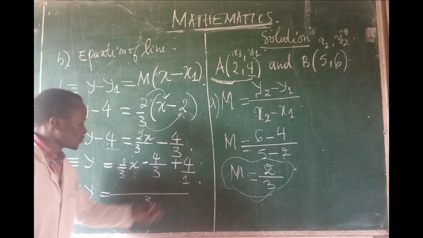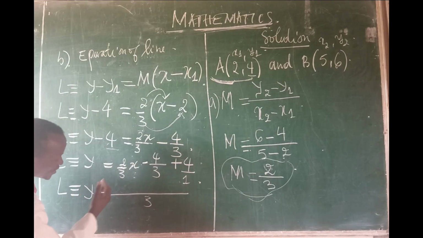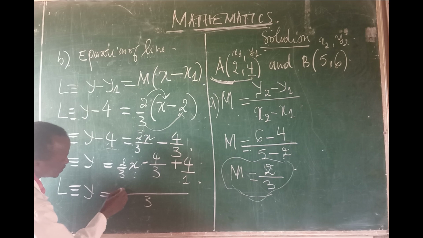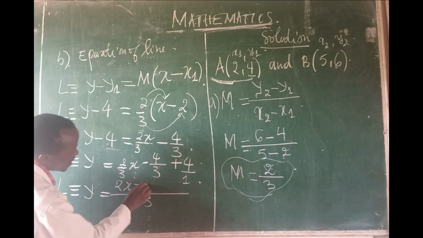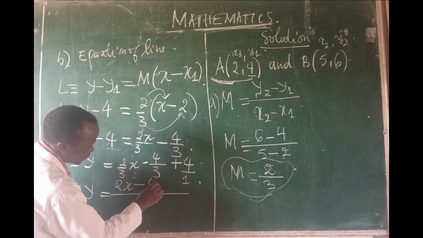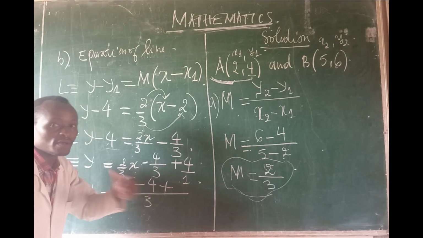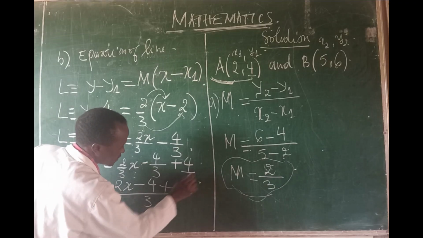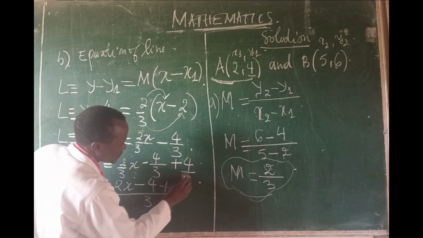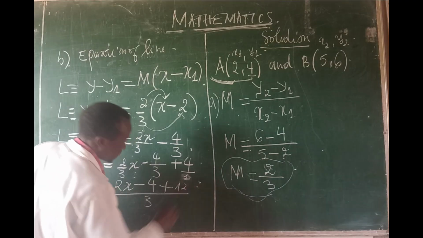This is 3 and this one is 3. 3 over 3 remains with 1 times 2, it is 2x, minus 3 over 3 remains with 1, 1 times 4, it is 4. Plus 3 over 1 remains with 3, 3 times 4 will remain with 12.